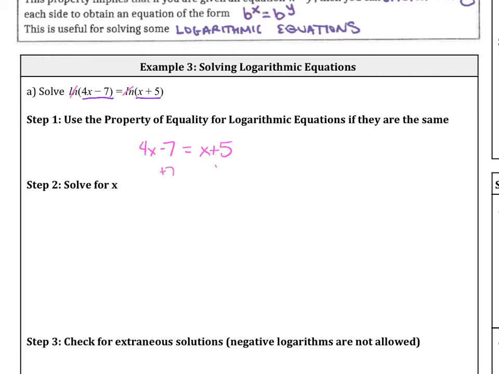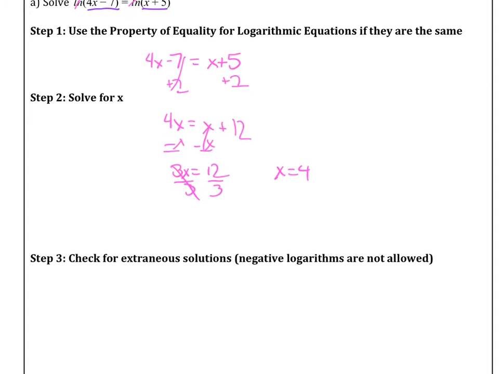Add 7 to both sides and combine like terms. You get 4x equals x plus 12. Then subtract x from both sides, so we get 3x equals 12. Divide by 3, so x equals 4.